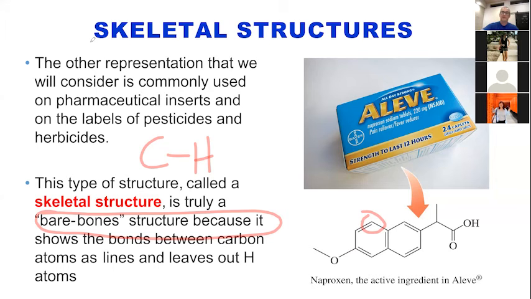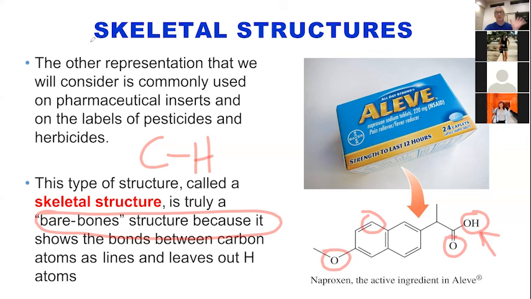Like for instance, this carbon is bound to an oxygen, so we point that out. This carbon is double bonded to an oxygen, so we point that out. And then this carbon has an OH, a hydroxyl group, not hydroxide, hydroxyl group, so we include that. But other than that, we don't include carbon hydrogen bonds. So we just assume they're there.